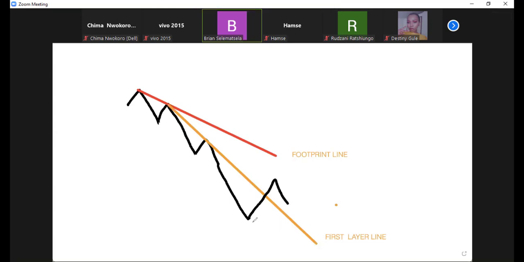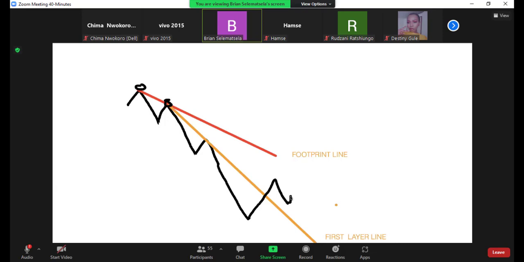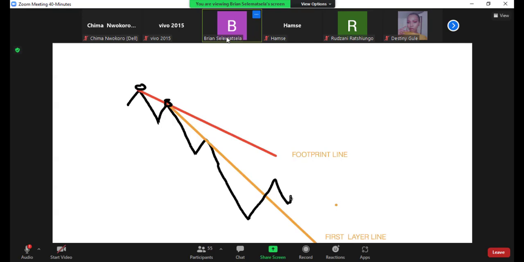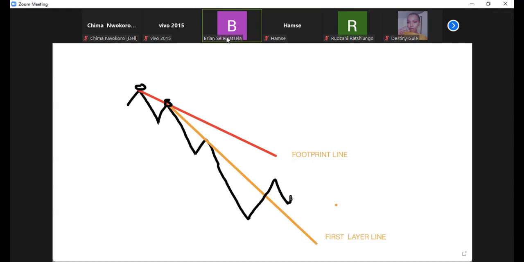But the retest can be lower than that line. We don't want that. We want the same scenario here, but in a different direction. So here you'll be spotting what we call divergence, which is a technique that we use in order to make entries.